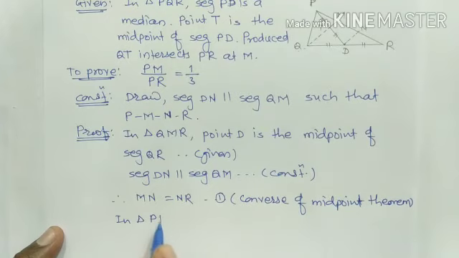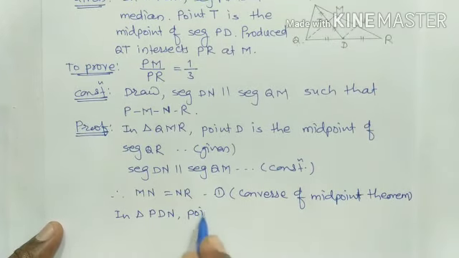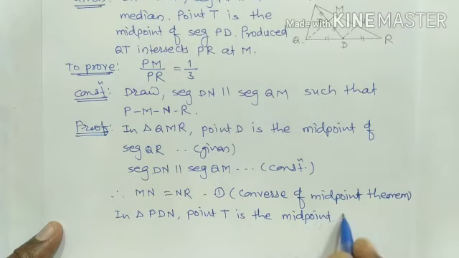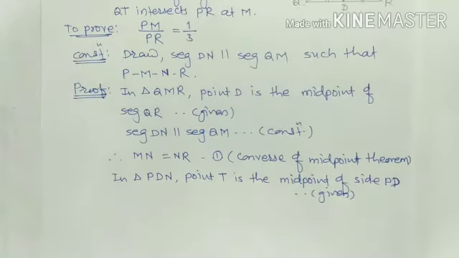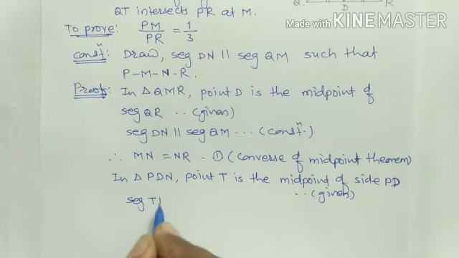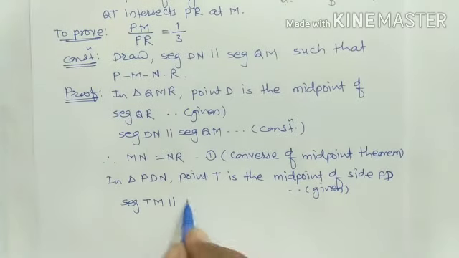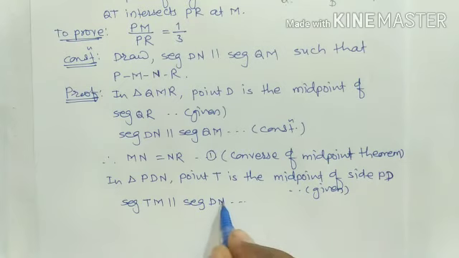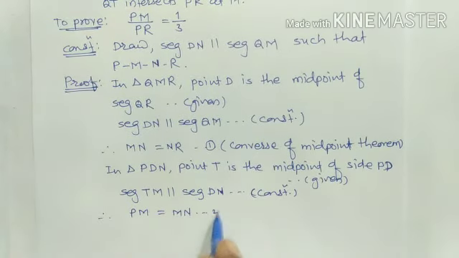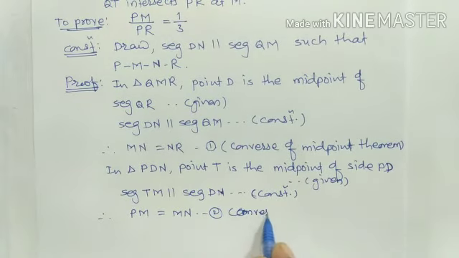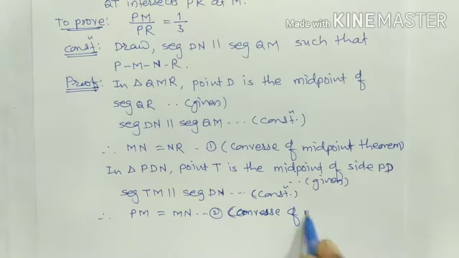Now in triangle PDN, see, point T is the midpoint of side PD, it is given, and segment TM parallel to segment DN, it is construction, and therefore PM equals MN by the converse of the midpoint theorem.